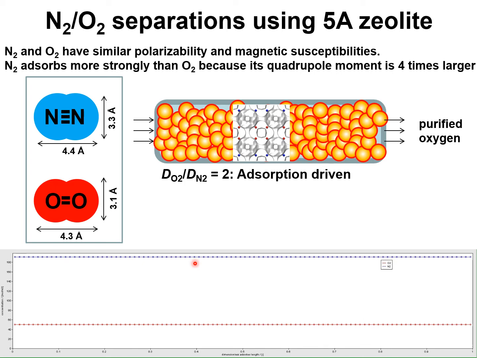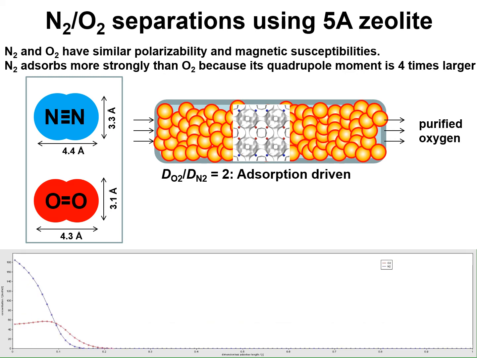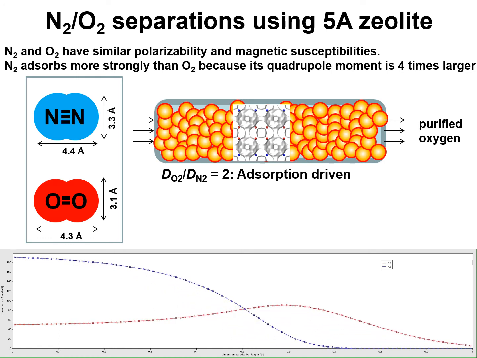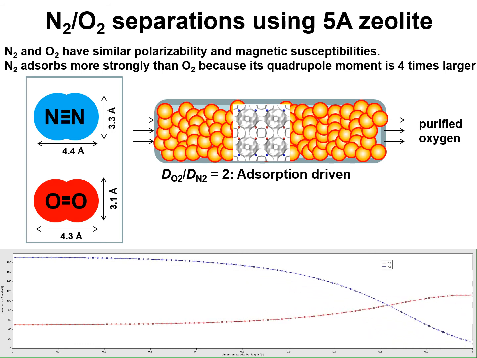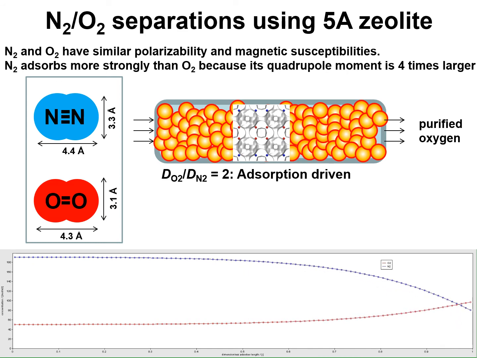Let's have a look at the simulations of transient breakthroughs in which a 21/79 mixture of oxygen and nitrogen is fed to a fixed bed adsorber at a total pressure of 6 bars. The blue line shows the development of the concentration profiles of nitrogen, and the red line is the concentration profile for oxygen.